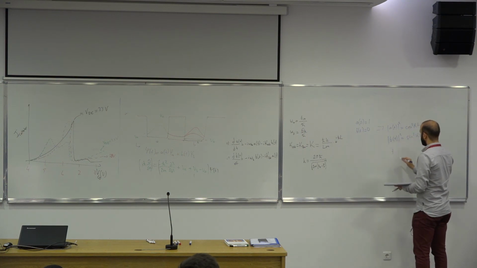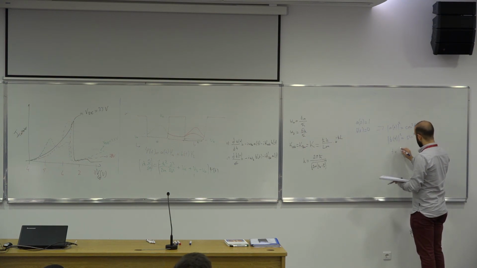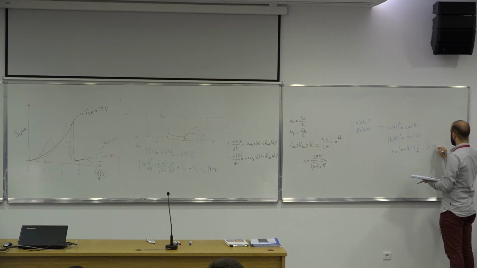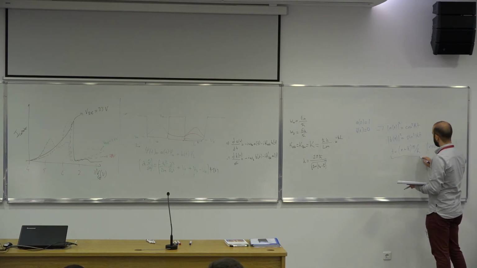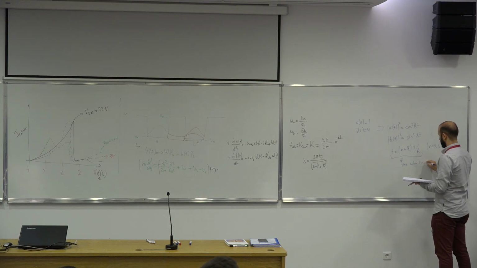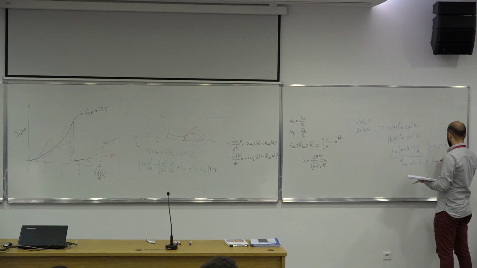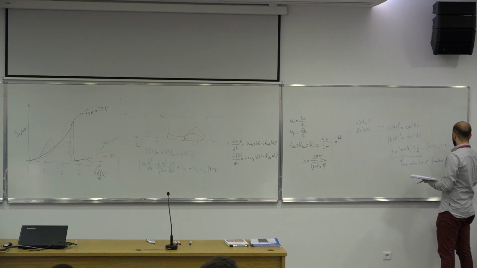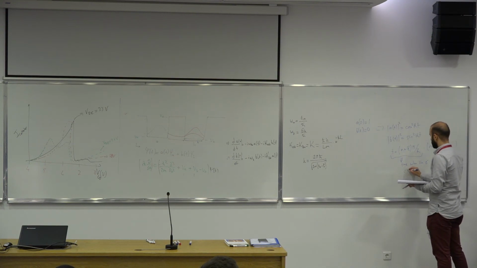Now, the condition for time can be written as such, where n starts from 0, 1, 2, 3, and goes. And this condition gives us time when the electron transferred into either of the wells.